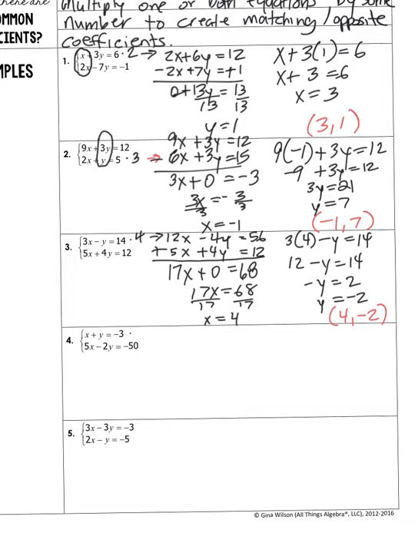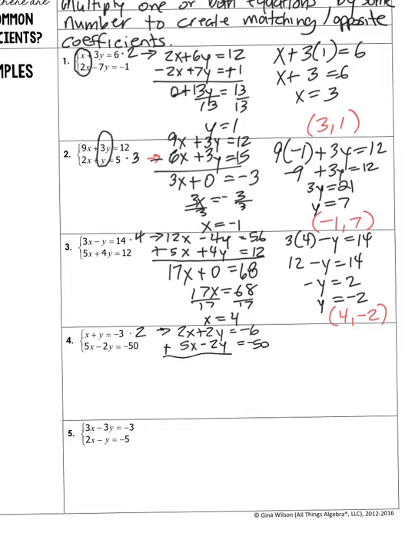So I'm going to multiply the first equation by 2, and that gives me 2x plus 2y equals negative 6. And then bring the second equation over, 5x minus 2y equals negative 50.